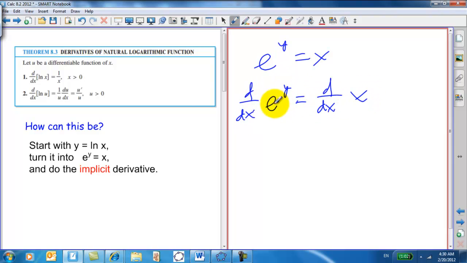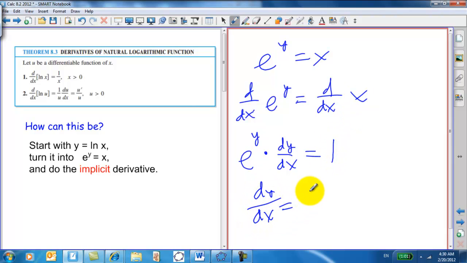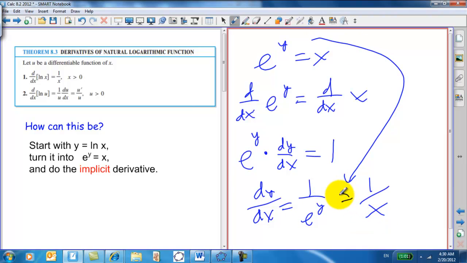We just saw from before the derivative of e to the y is e to the y, but now we have to use the chain rule and multiply by the derivative of the inner function, which is y prime. So we get e to the y times dy/dx equals 1. So dy/dx equals 1 over e to the y, but notice e to the y equals x. So there's your proof. That's why the derivative of the natural log of x is just 1 over x.